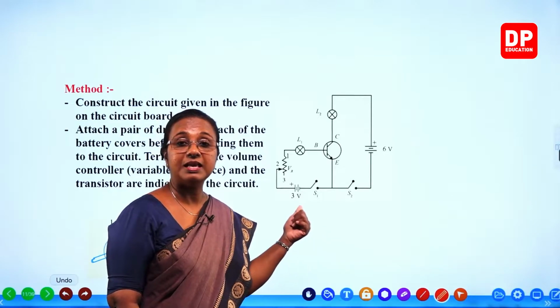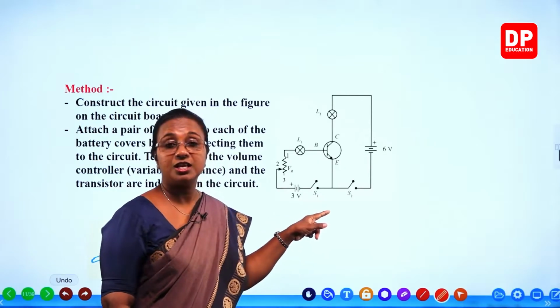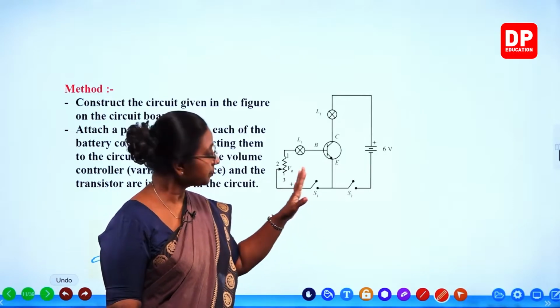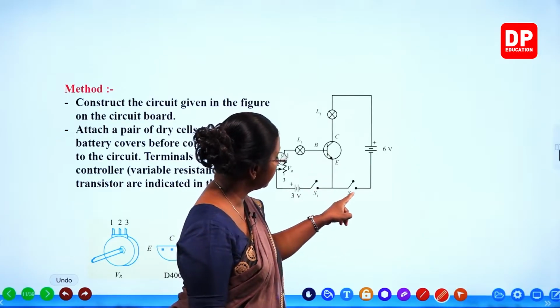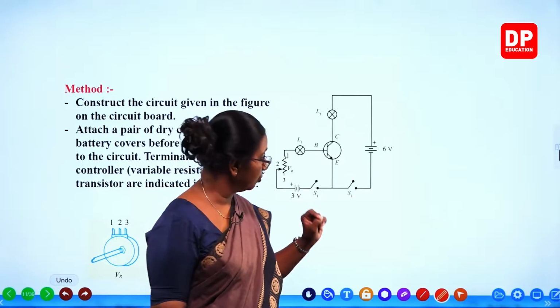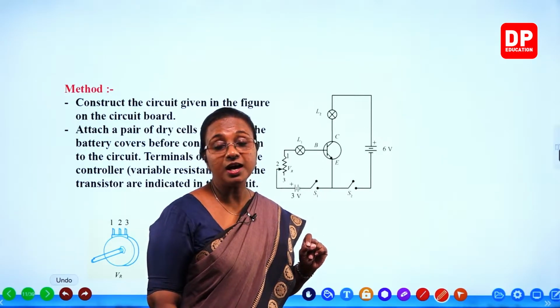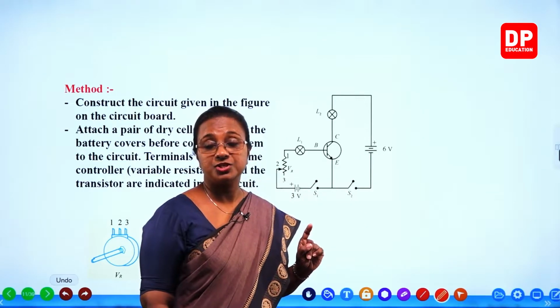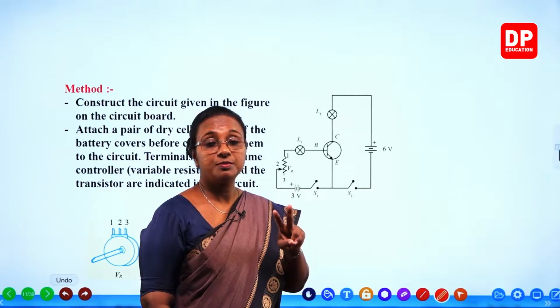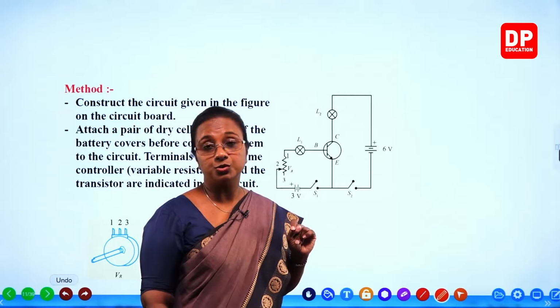So this is an NPN transistor. You all can understand the base emitter junction is forward biased. At the same time, here again you can see the emitter terminal is connected to switch S2, and that is connected to the negative terminal of the other battery where we provide 6 volt potential, 2 3-volt batteries. Then that is connected to bulb L2.